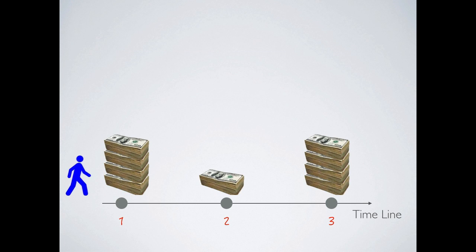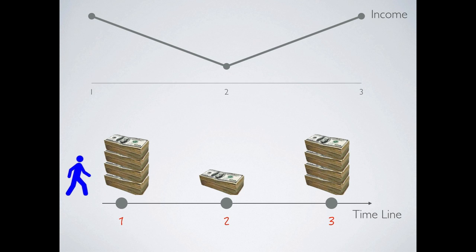We use another example. This blue guy is rich in periods 1 and 3 and kind of poor in period 2. So his income stream for his lifetime would look like this valley shape. And for consumption smoothing, what he can do is that when he is rich in day 1, he can save.